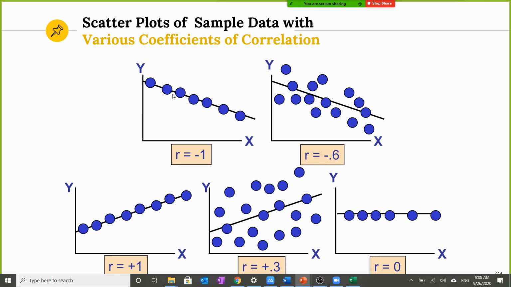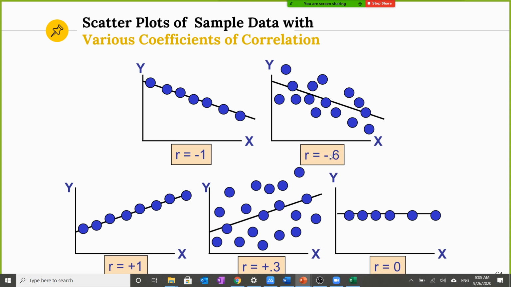In this case, it's almost perfect because the data that we have is not spreading a lot. So that's why we need to divide by the standard deviation, to know how far the data is from the mean, how far the data is from this line. You can see the data is quite spread out.